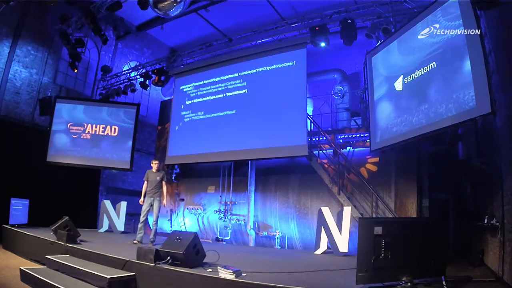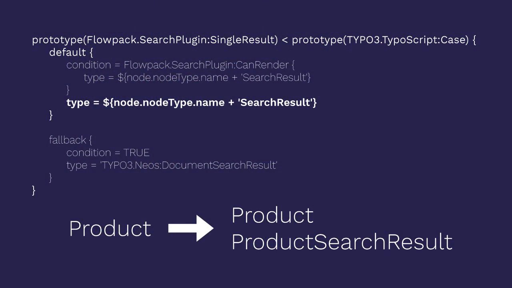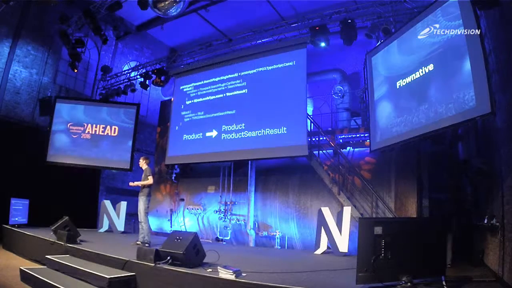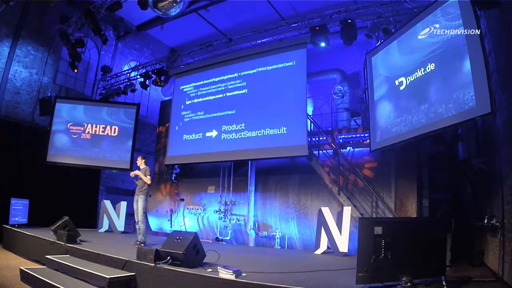So just by doing that, a node like a product has not just one rendering in TypoScript, but two. With this code, it can be rendered not just as a product, like in the page context, for instance, but also as a product search result in a search listing.